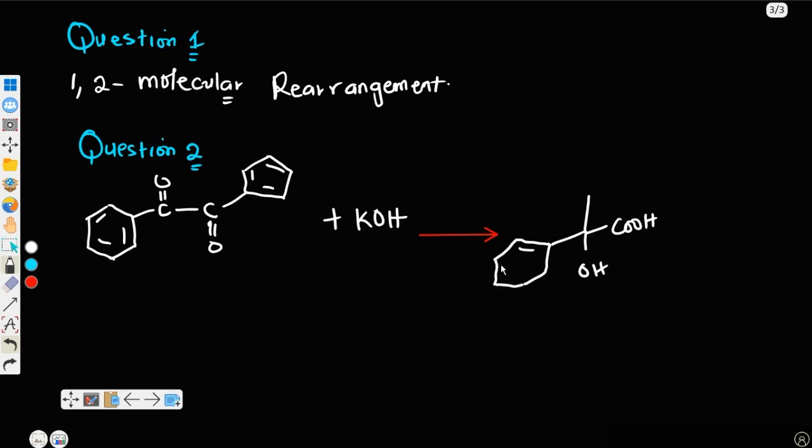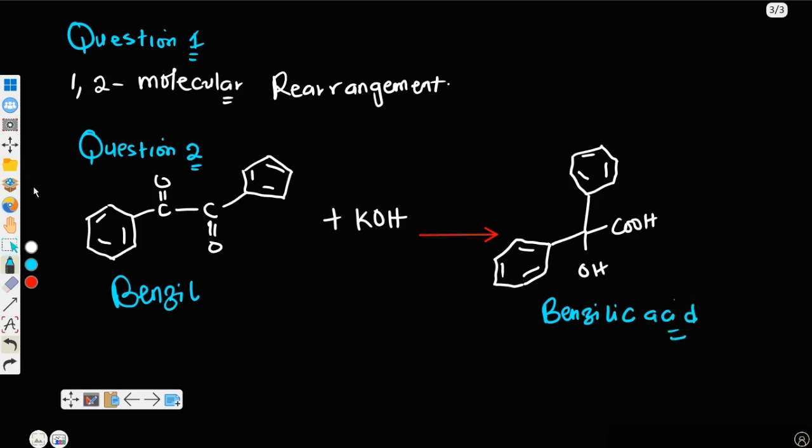So this is a benzene ring, and this is another benzene ring. All right, so this is the structure of benzilic acid. So this one is benzil, while this is benzilic acid.